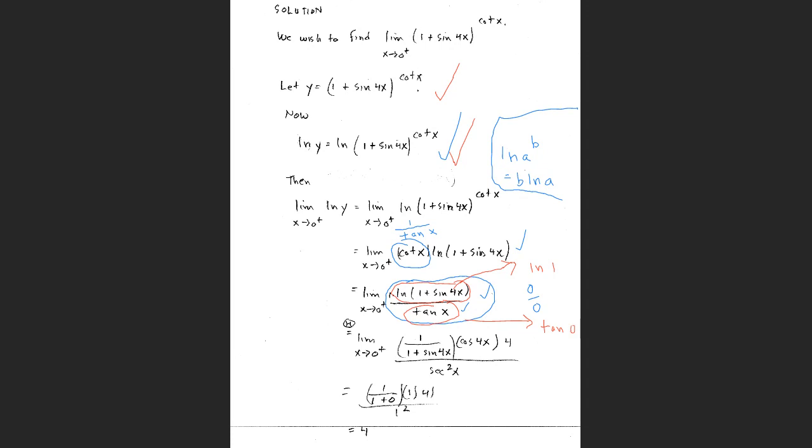And both of those are 0. So we have indeterminate form 0 over 0, and I can use L'Hopital's rule. And that's what I did here.